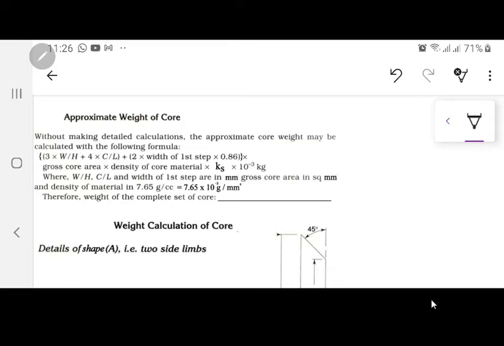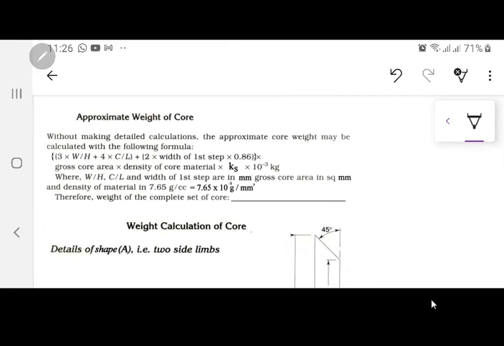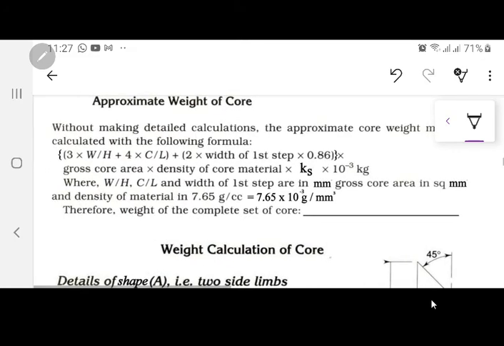The next thing, before we move on towards the weight calculation for all the shapes, A, B and C, this is an approximate weight of the core. If we want a very fast calculation, this will give you a plus minus 10 or 20 kilogram difference, but it gives the approximate weight. The formula is here: 3 into window height, HW, 490, then 4 into CL or D, 266 point something, plus, please see the brackets, they are very important, plus 2 into width of the first step.